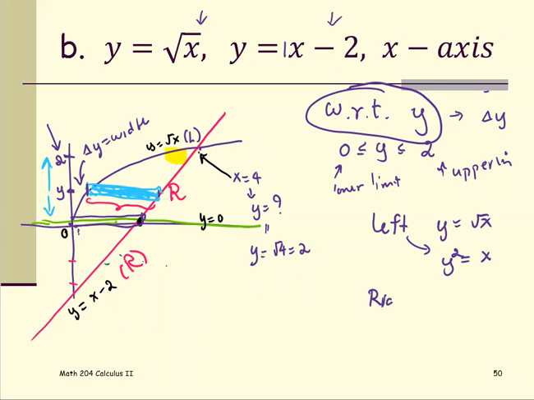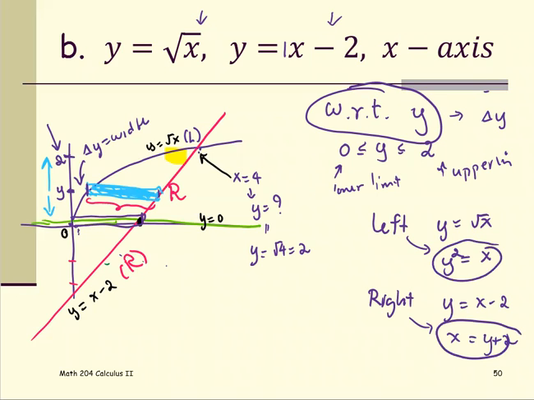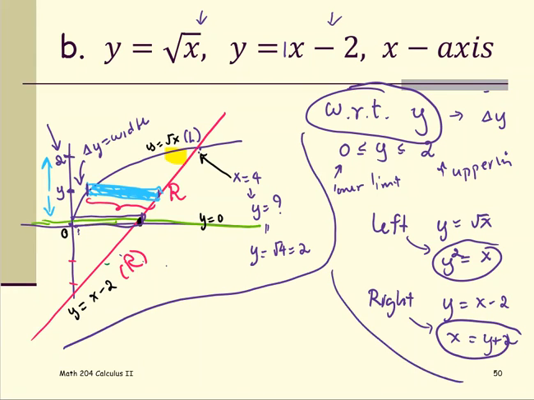And next, what is my right function? My right function is originally in the form of y equals x minus 2. Therefore, my right function in terms of y is x equals y plus 2. Okay? These are the prep information. We have the width, the lower limit, the upper limit, the right function, and the left function.